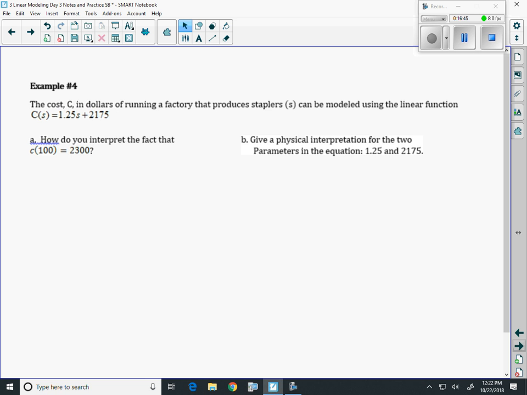How do you interpret C of 100 equals 2300? Let's first break this down. If we look here, what does S represent? The number of staplers. And then what does this 2300 mean? Like what is C? The cost.